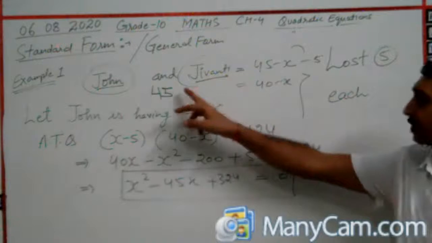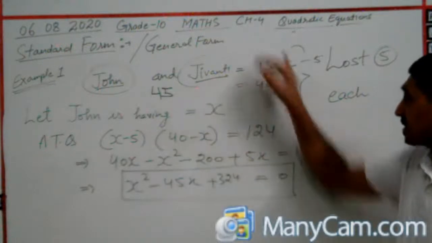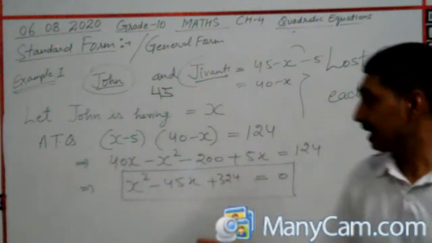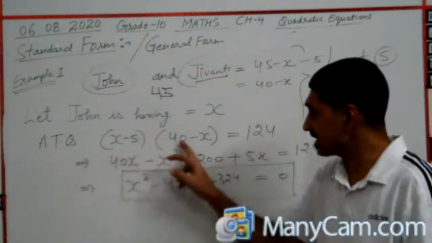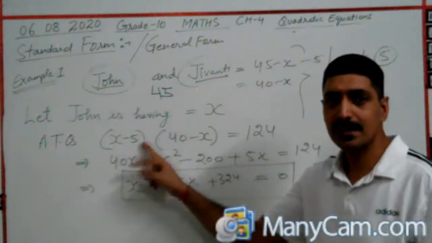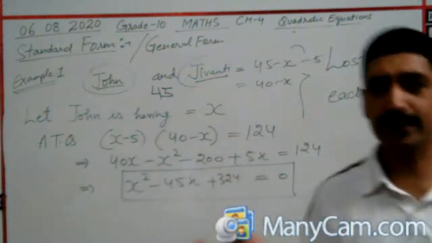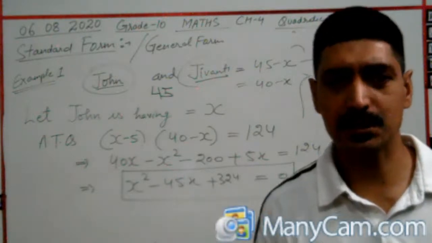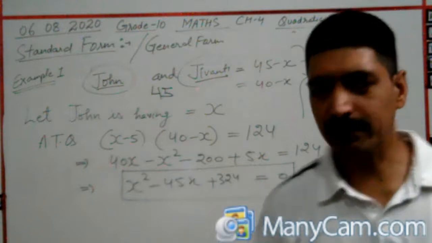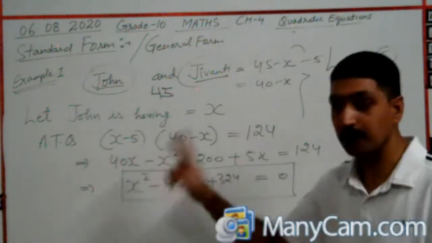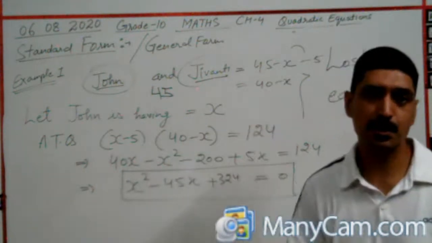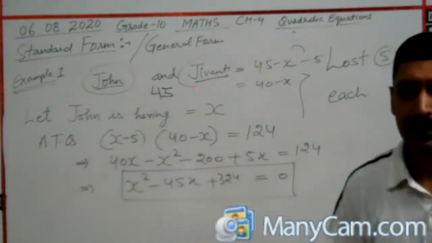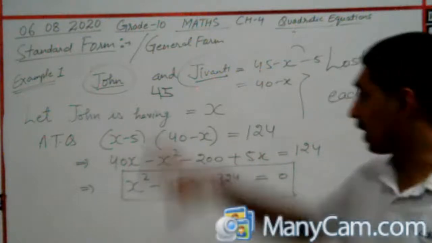Out of these 45 marbles, if each one of them lost 5 marbles, then the product of the marbles they have left is 124. So we can solve these quadratic equations and find the answers. Whenever we solve quadratic equations, they provide two answers. So both may be right, or at least one will be the right answer for this solution.